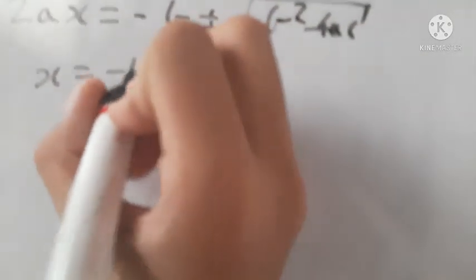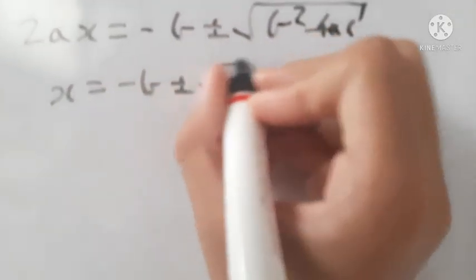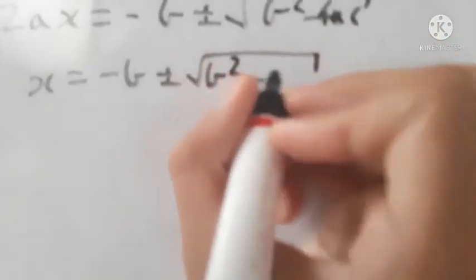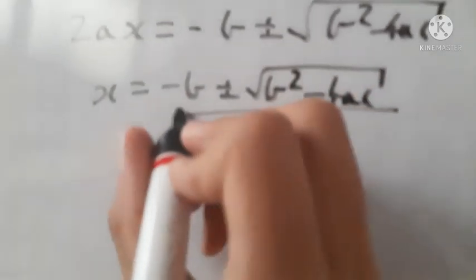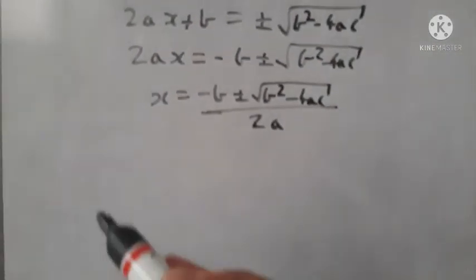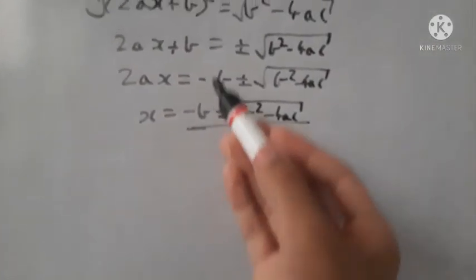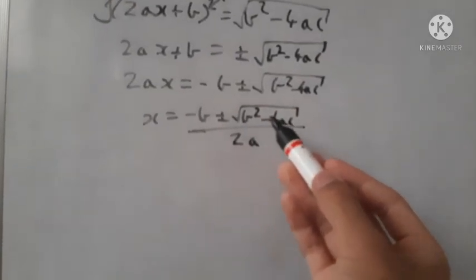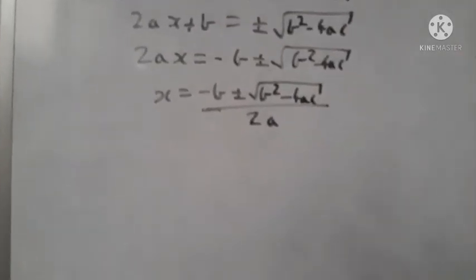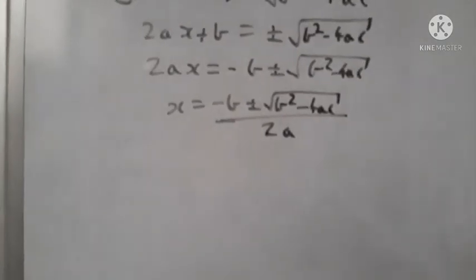So our final result, lo and behold, dividing both sides by 2a, x is equal to minus b plus or minus square root of b squared minus 4ac, all upon 2a.